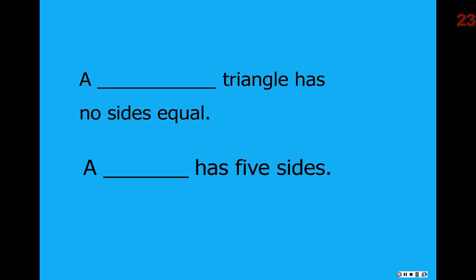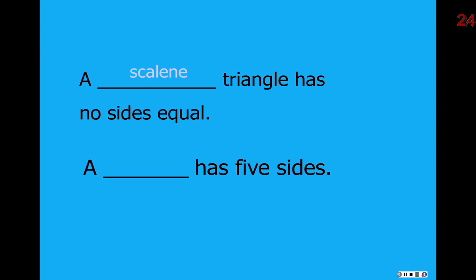Isosceles starts with an I, and I just said it's not isosceles. I'm laughing because I don't want to cry. Scalene. Scalene triangles have no equal sides, no equal angles, and do not have any lines of symmetry.